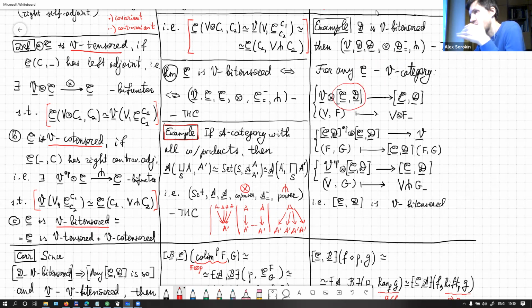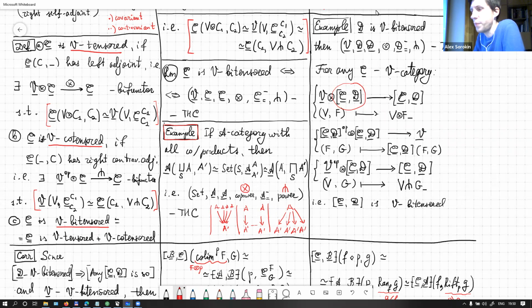So if our target is bitensored, then functors valued in a bitensored category are again bitensored. And bitensoring is pointwise. This is a very good way to say it.